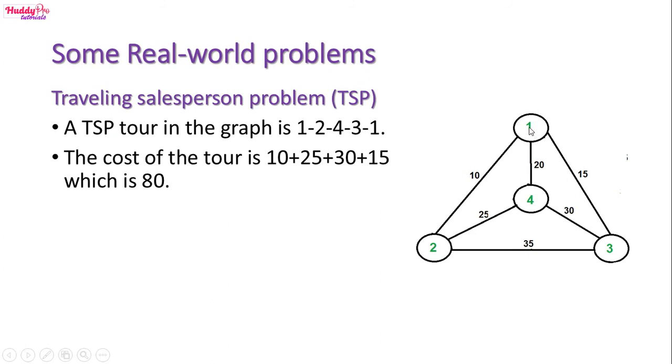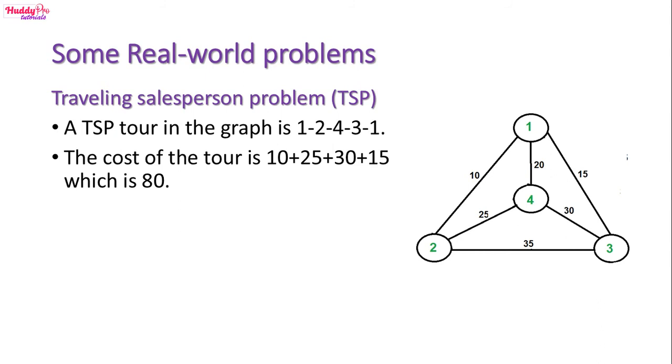Okay, because if you move from, for example, 1, 4, 2, 3, 1, let's try to see the path. This is 1 to 4, that is 20. 20 plus 25 is 45, plus 35 is 80, and now 80 plus 15 is 95.